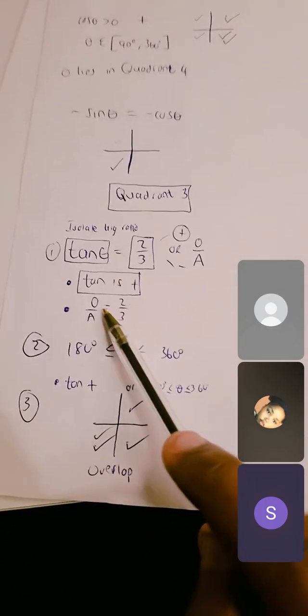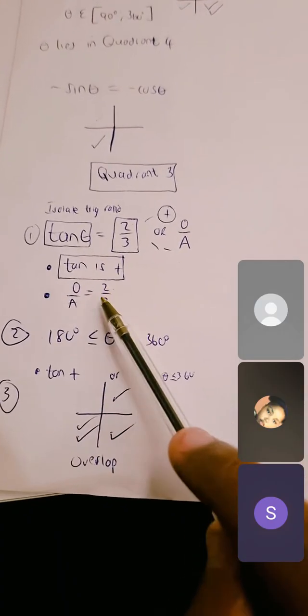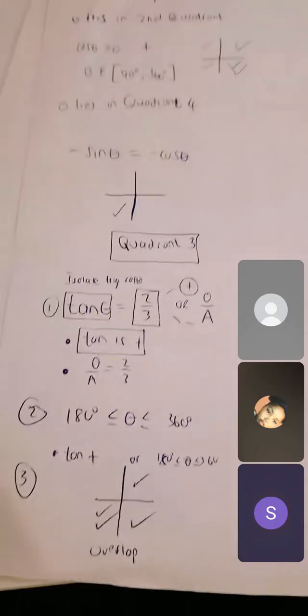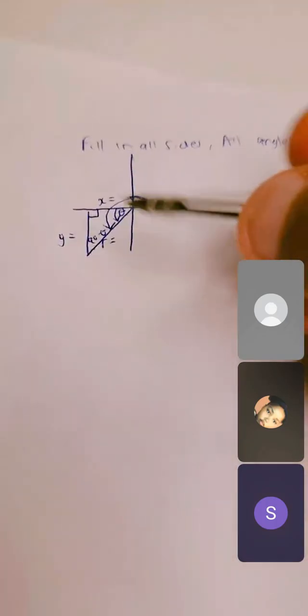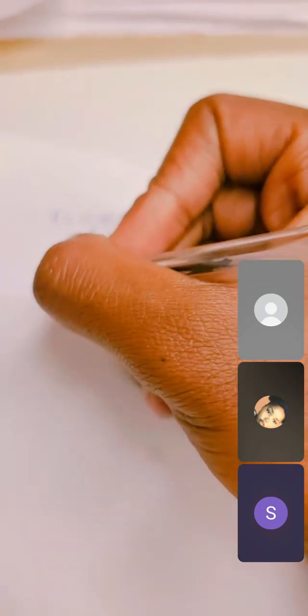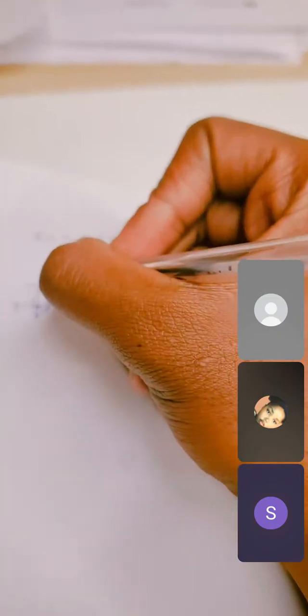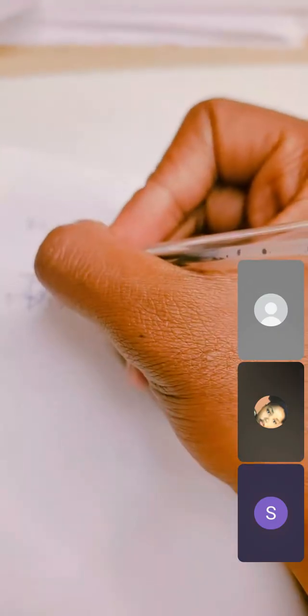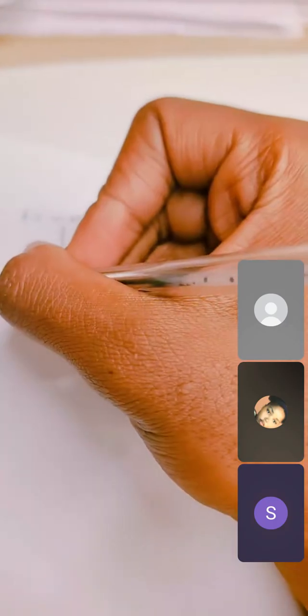According to the definition you had here, tan is opposite over adjacent, 2 over 3, but that's for theta. So according to theta, 2 is your opposite side, over 3. But we're going to put the x as negative 3, and the y as negative 2.